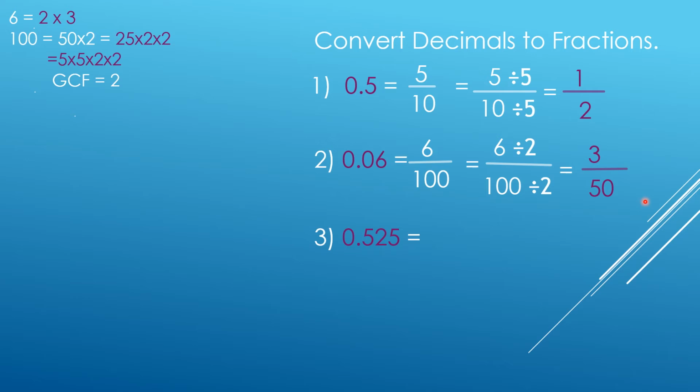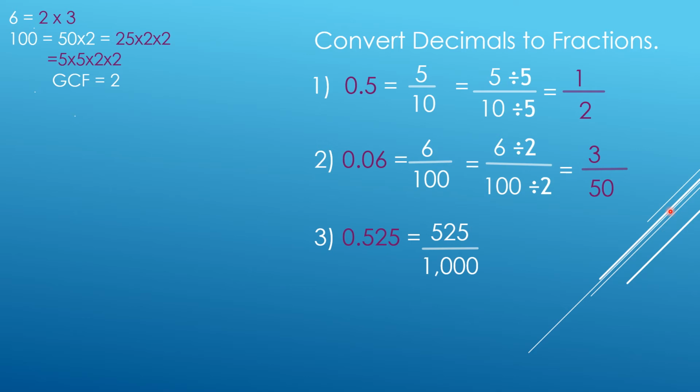Next, 0.525, or 525 thousandths, which means tenths, hundredths, thousandths. So now the denominator is 1,000. Just write 525 as the numerator and reduce this to lowest term.